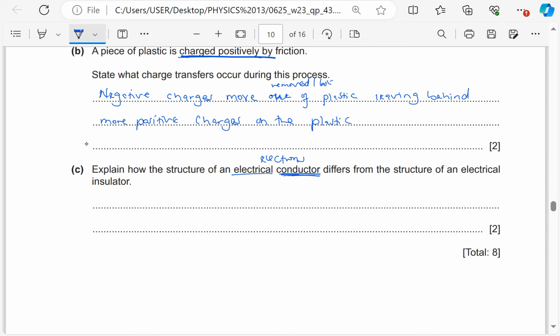Because there are just two marks, I will say conductors have free and mobile electrons. Chemistry students may want to call them delocalized electrons. Insulators do not have these free electrons.